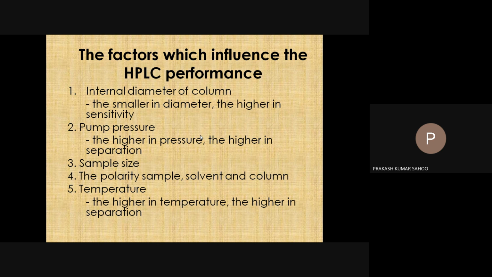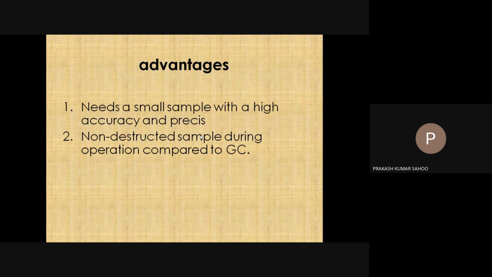The sample size also determines the speed or performance of your HPLC. Then polarity of the sample, solvent, and the column packaging. Then temperature, higher temperature, higher is the separation. This is directly proportional.